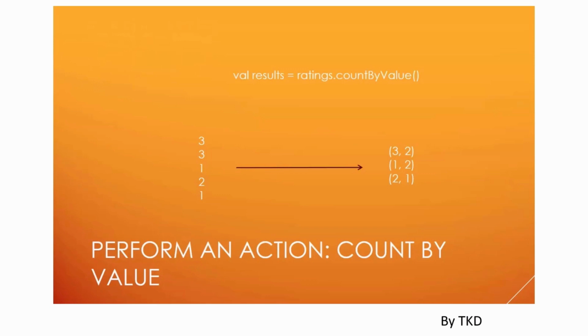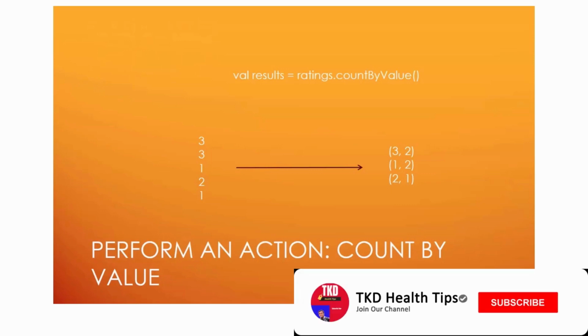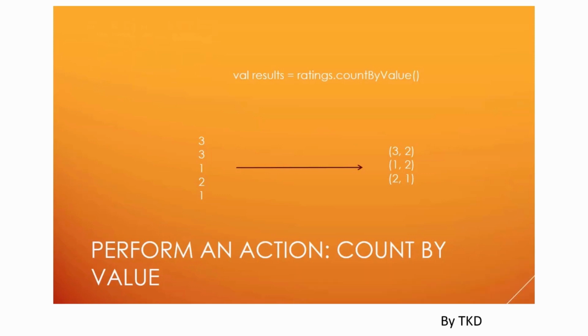So countByValue takes an RDD and returns back a scala map object, where it basically maps identifiers and values to how many times each occurred.